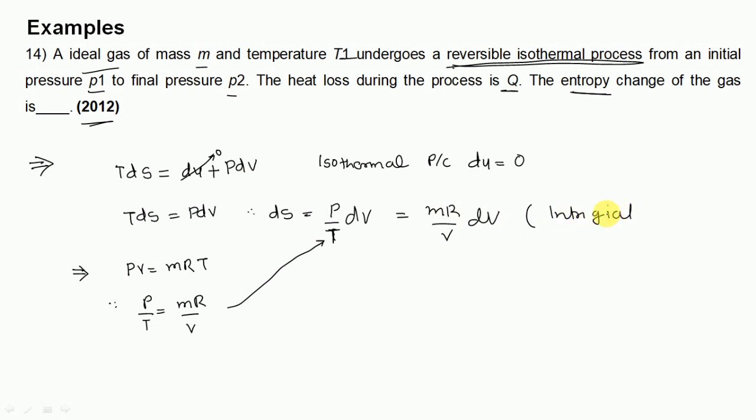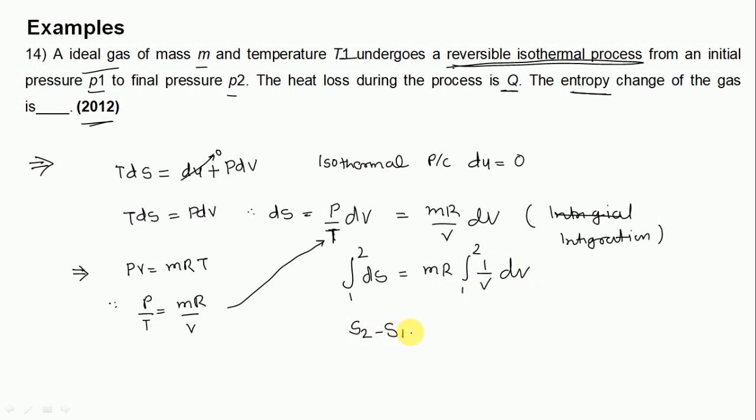If you integrate this, dS from 1 to 2 is mR integral from 1 to 2 of 1 upon V into dV. Then S2 minus S1 is equal to m into R into Ln of V2 by V1. So you can establish the relation in that way.